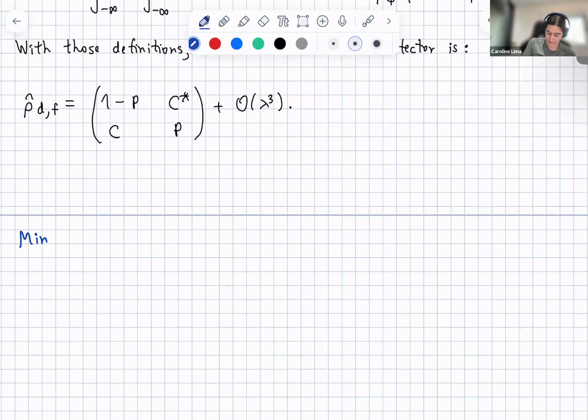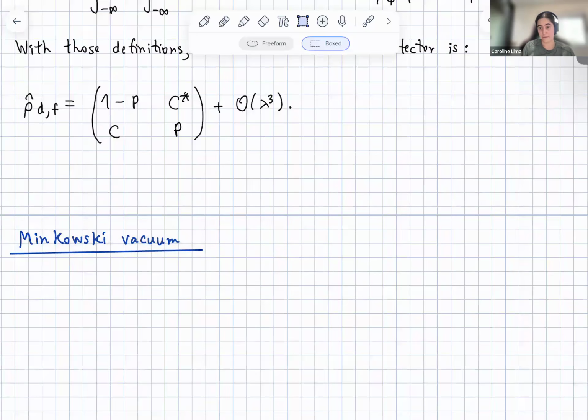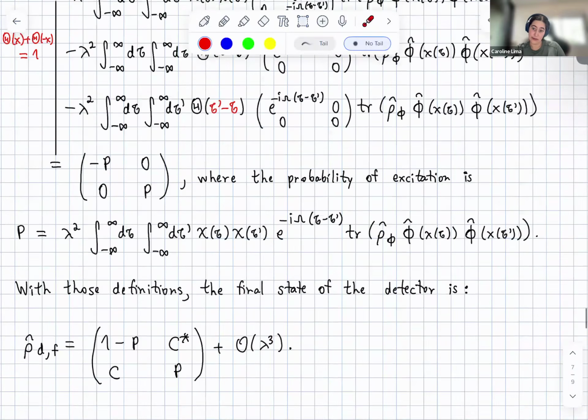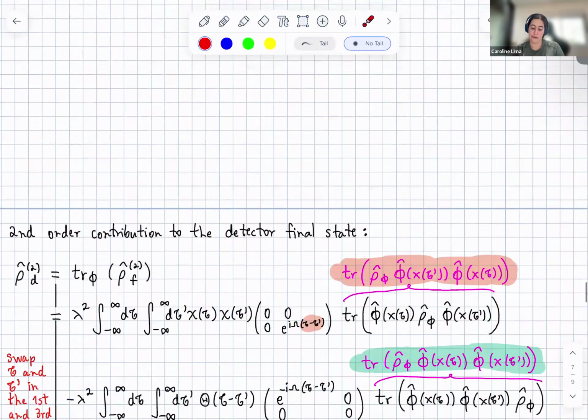So let's see. So far we noticed that these first and second order corrections depend on the so-called one and two point functions, right?